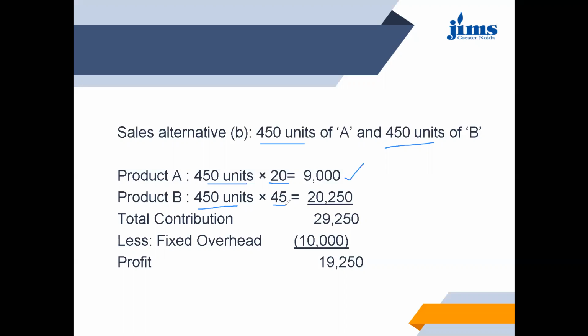For product B, 450 units at 45 rupees gives a contribution of 20,250 rupees. So the total contribution of product A and B is 29,250. In the same way, we deduct the fixed cost to get the profit, so profit is 19,250.